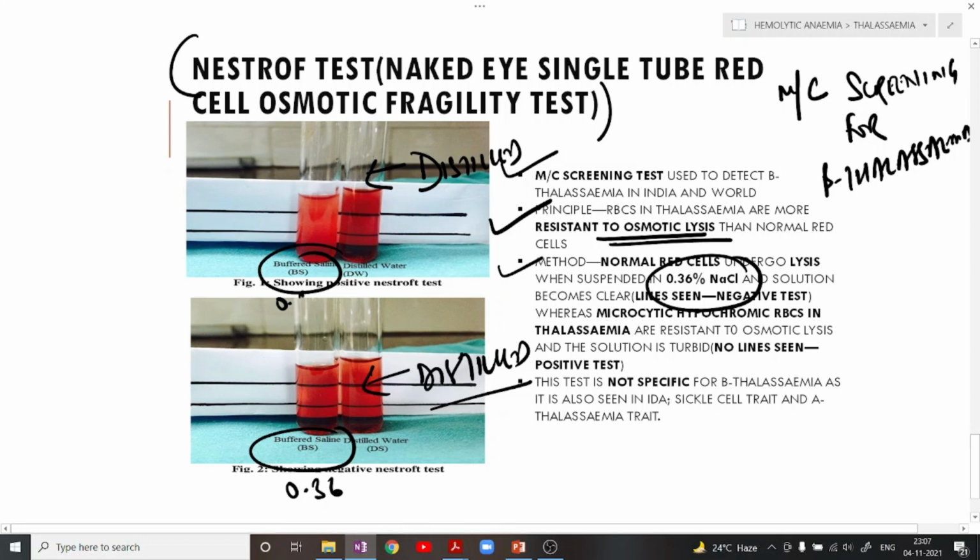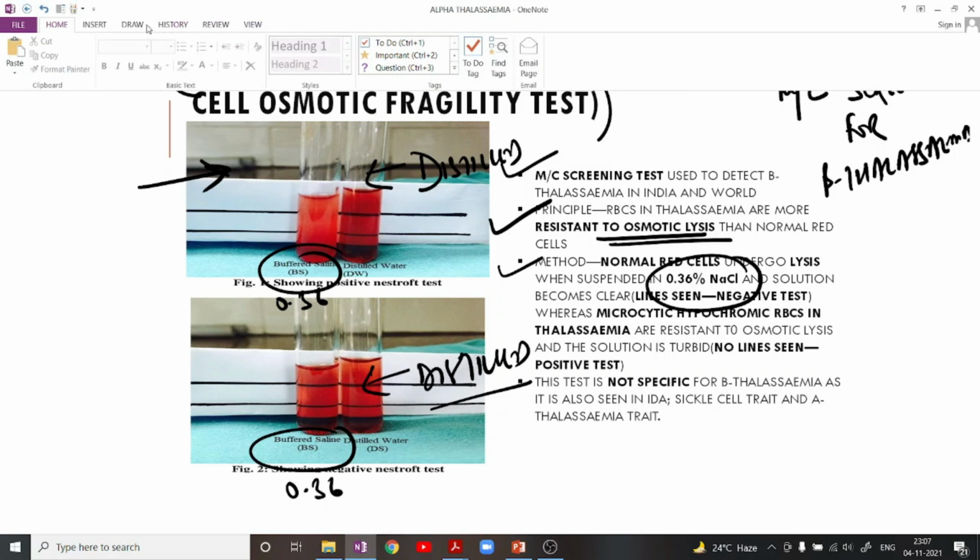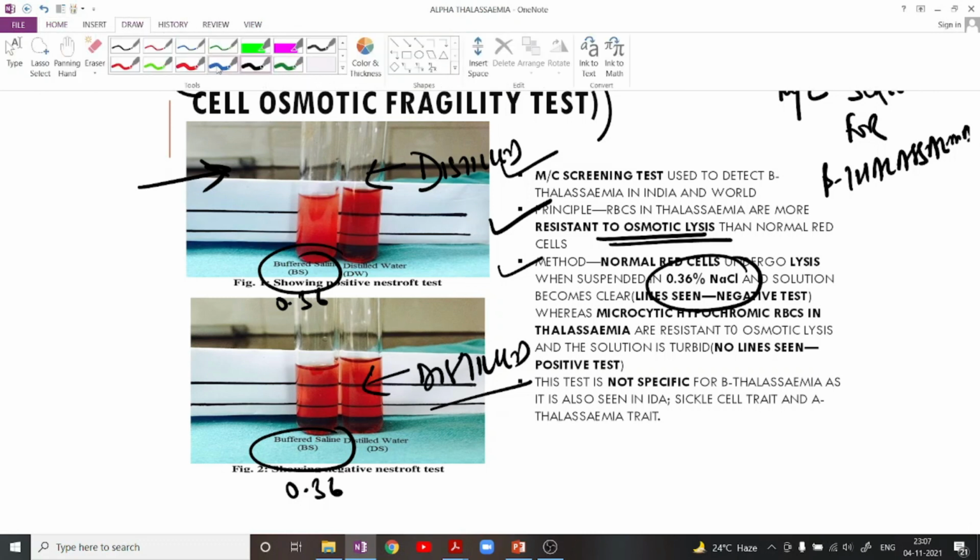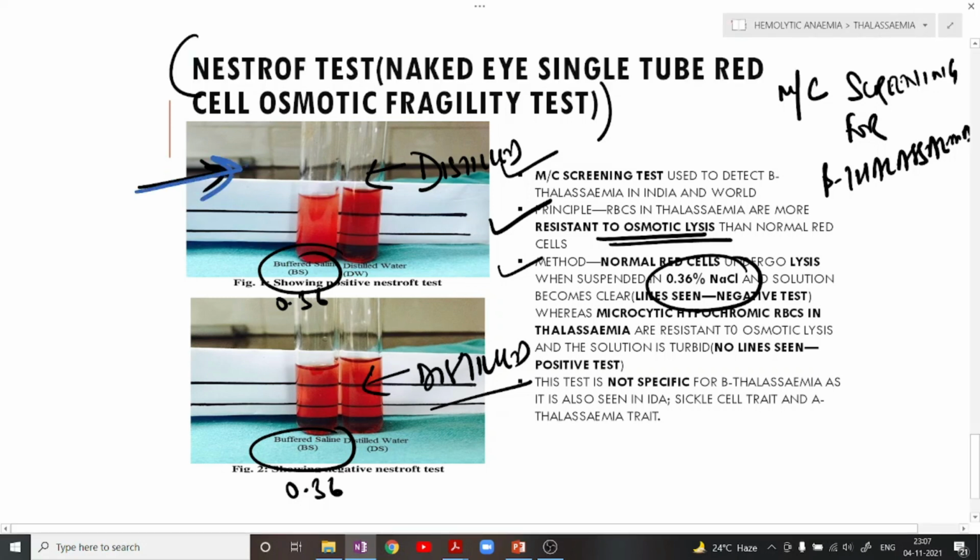Now this first diagram that we are watching over here, let me take a different color so that I will be able to show you. This first diagram, as you can see, is when we have added the RBCs from a patient who is suffering from thalassemia.